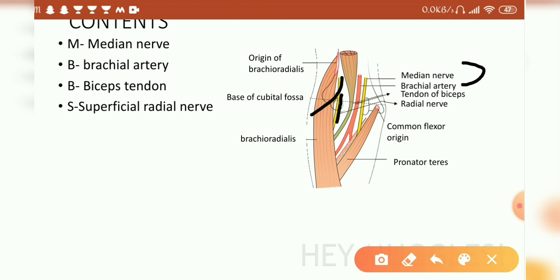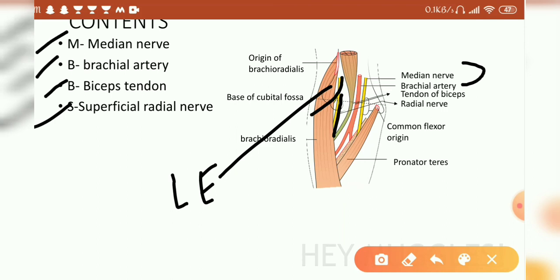This is your two branches of radial nerve at the level of lateral epicondyle. This is your lateral epicondyle, right? So it divides into two terminal branches, superficial radial nerve and deep radial nerve. The deep radial nerve disappears in supinator muscle and the superficial radial nerve passes downwards under the cover of brachioradialis muscle. Right?